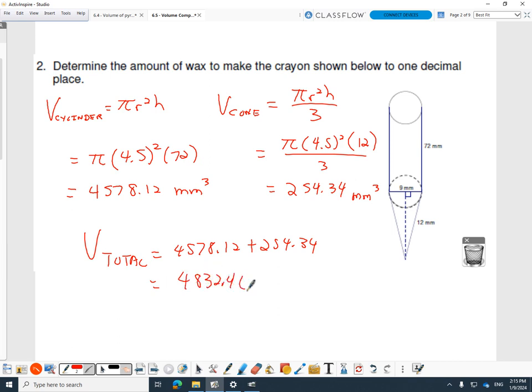That's 4832.46 millimeters cubed, which seems like a big number for a crayon, but if it was millimeters cubed, it actually is correct. A millimeter cubed is very, very small.